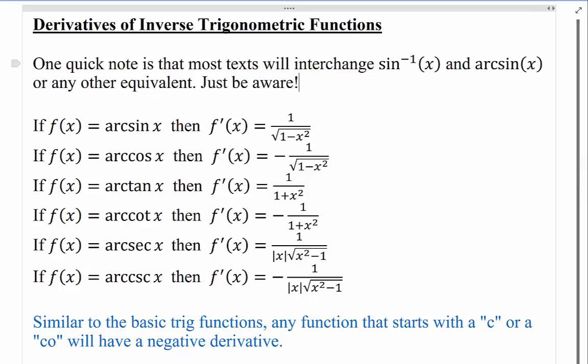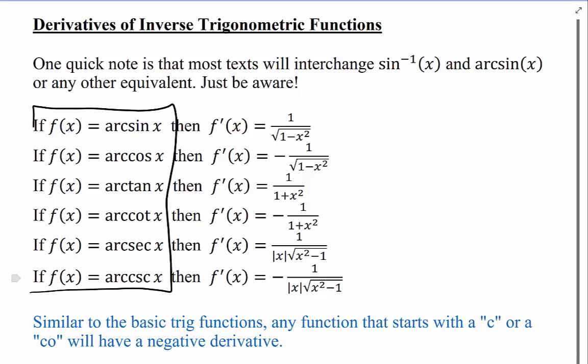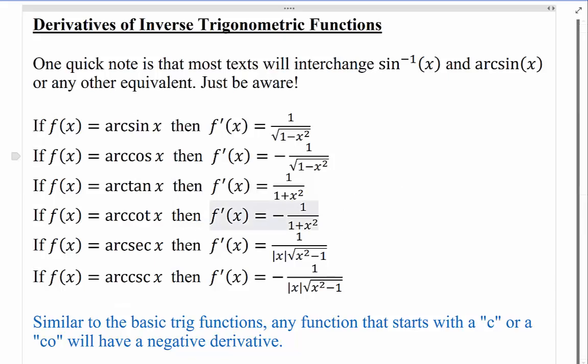Similar to the trigonometric derivative video, I have stated all 6 functions over here to the left, and then their corresponding derivatives to the right. Remember again that similar to the trigonometric functions, if that is our inside function, there it is right there.